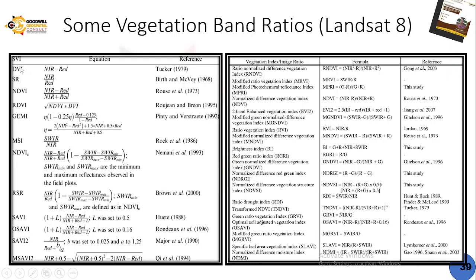So we have the difference vegetation index, the soil ratio, the normalized difference vegetation index. You can have the water index and others, so on and so forth. All these are in respect to Landsat 8 satellite image.